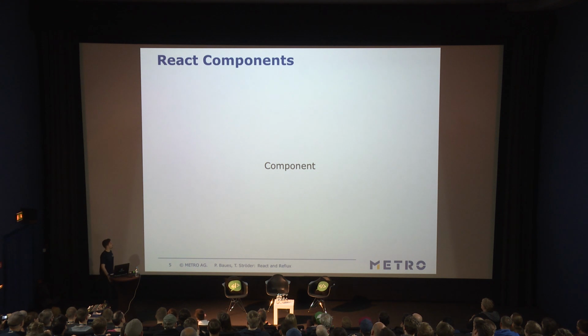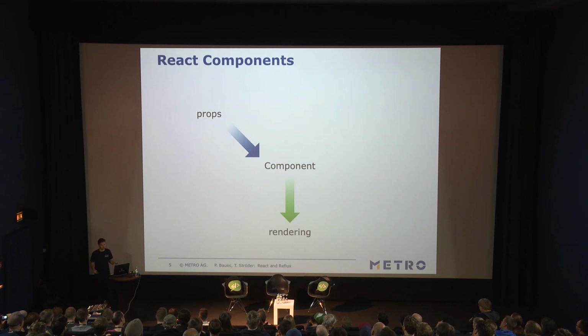So what is a component? A React component is just one thing, a single purpose thing, and that is just for rendering stuff that we want to show to the customer or to any page. So it gets in a list of properties, also called props, and also with React, we have this lifecycle mechanism.